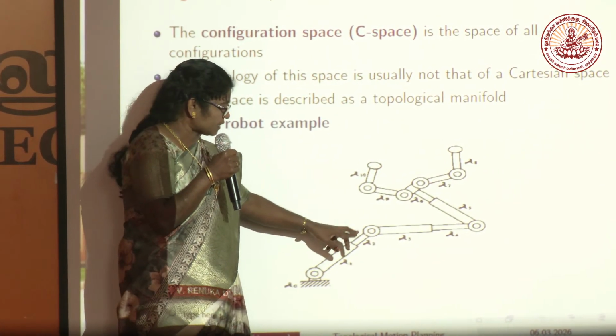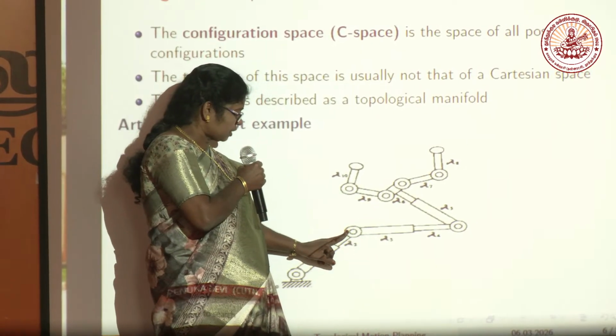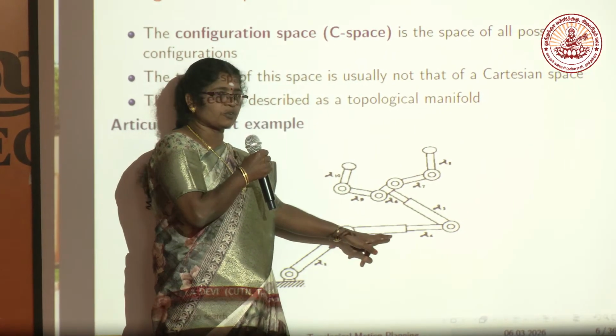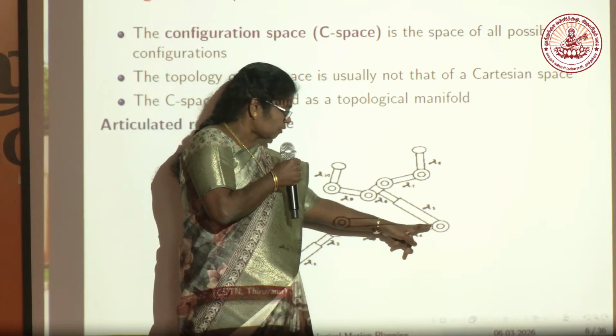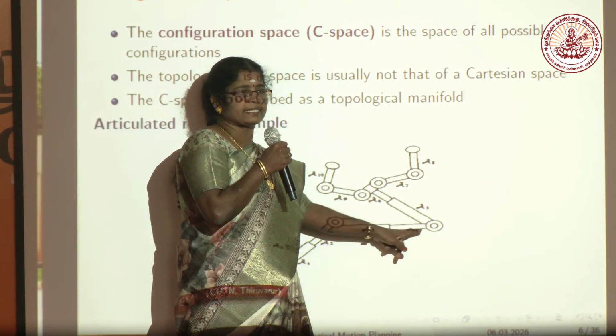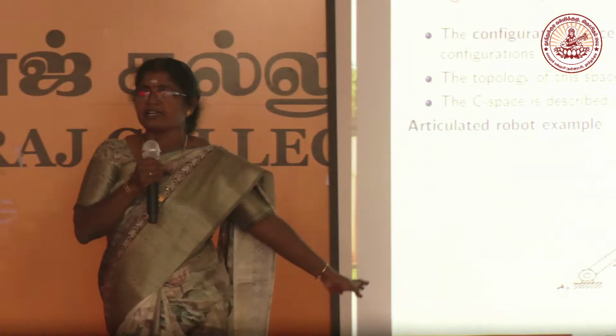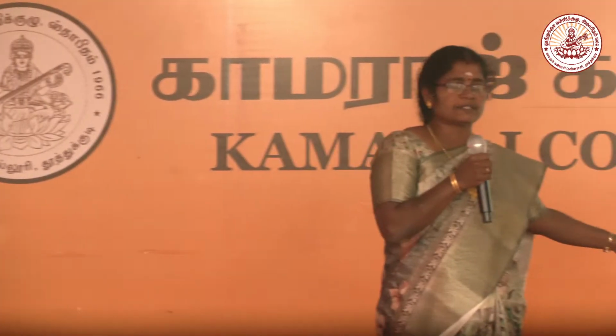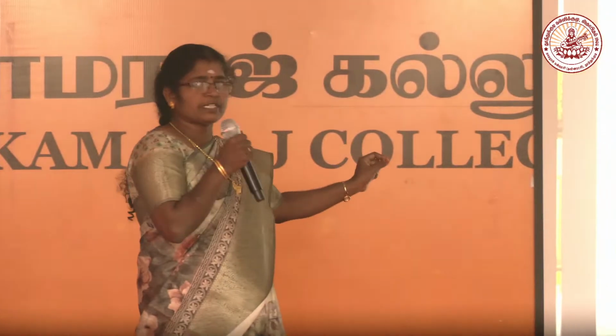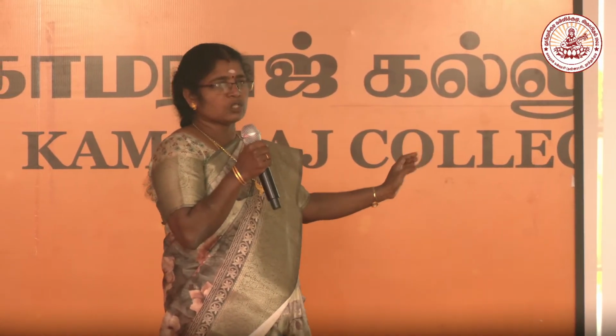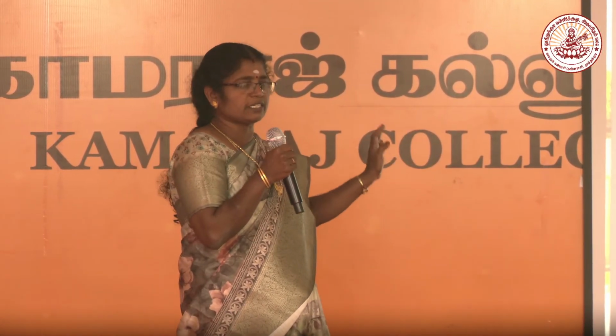Next, this position is standing here, so that is the rotation, and this position moves to this position, therefore it is translation. So here the positions involve translation as well as rotation. Each position is denoted by a configuration. So the collection of all these positions is denoted by the configuration space.